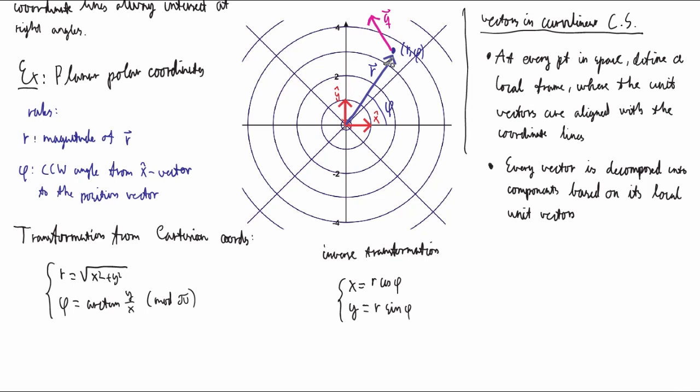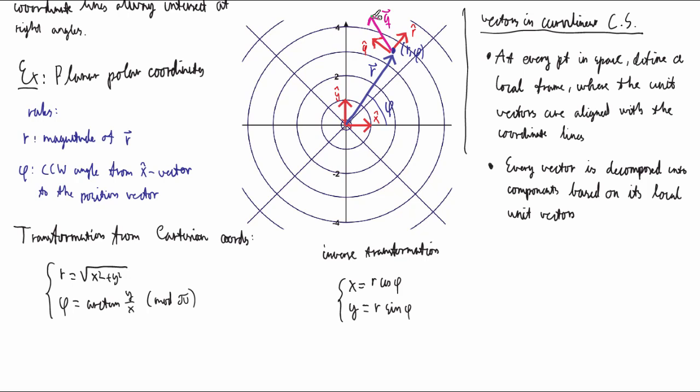Okay, so for the specific case now of the planar polar coordinate system, we will have a unit vector that's aligned with the r direction, that's r hat, and we will have one which is aligned with the phi direction. So that is phi hat right there.